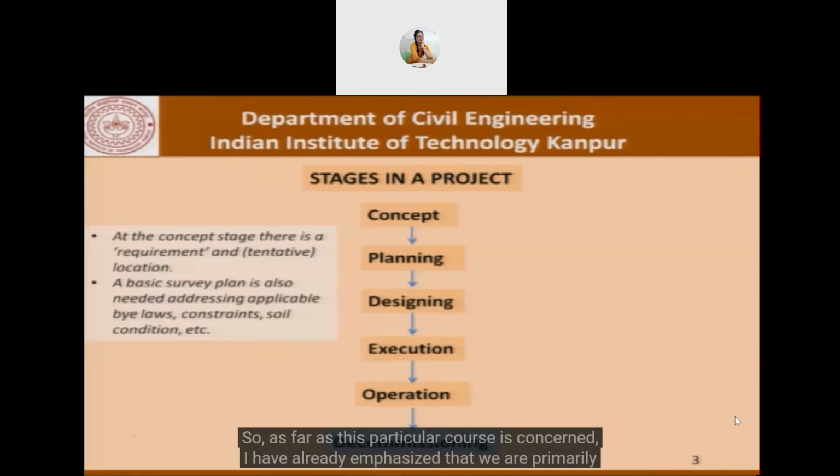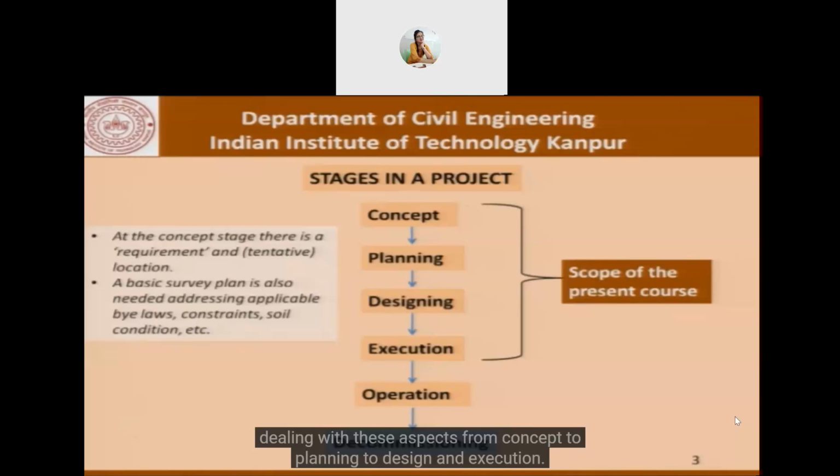So as far as this particular course is concerned, I've already emphasized that we are primarily dealing with these aspects, from concept to planning to design and execution. More specifically, we will deal with design and execution as we go along.